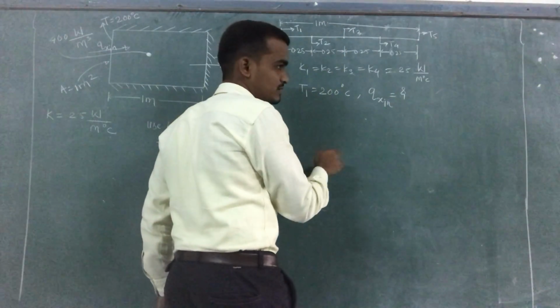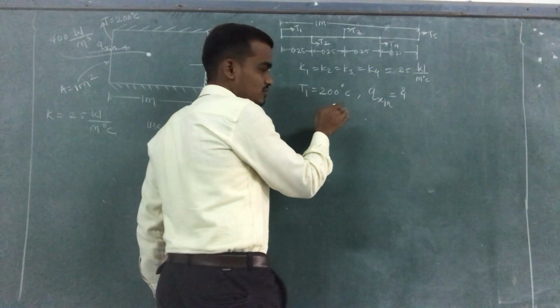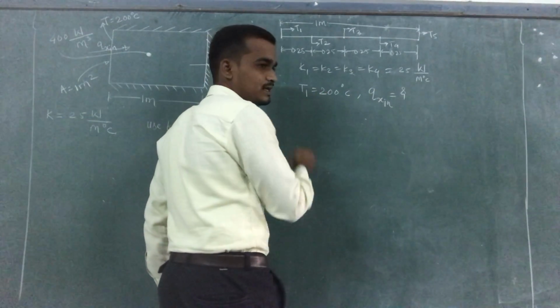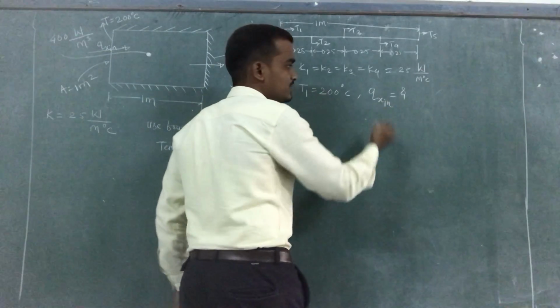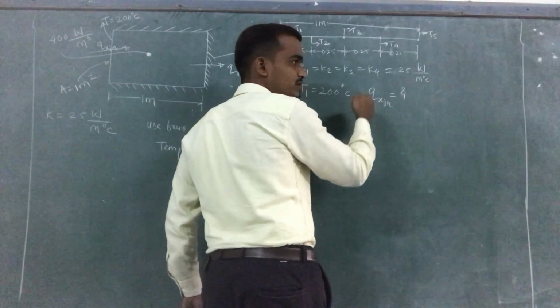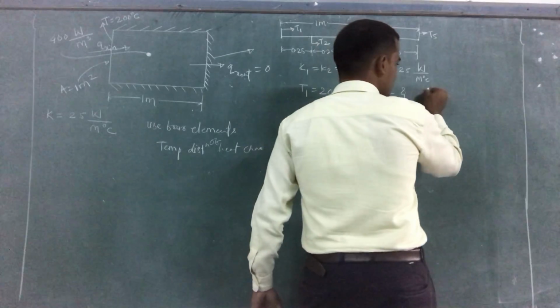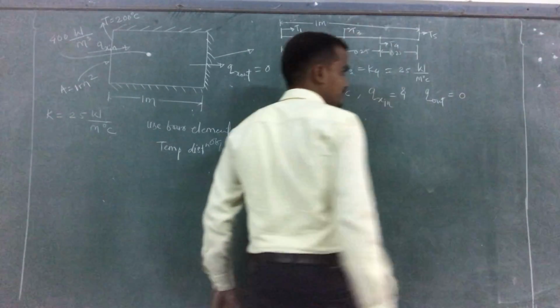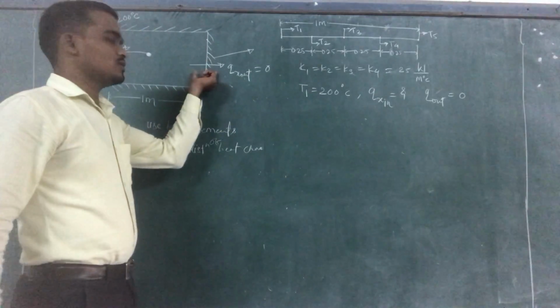This is due to the boundary condition of the load, the heat conducted in and heat conducted out. Heat conducted in is not given, so we need to find it out, and heat conducted out is equal to 0 because there is insulation on the right-hand side.